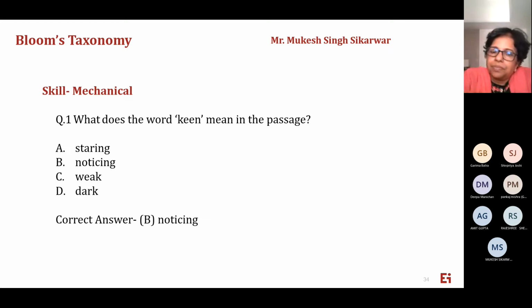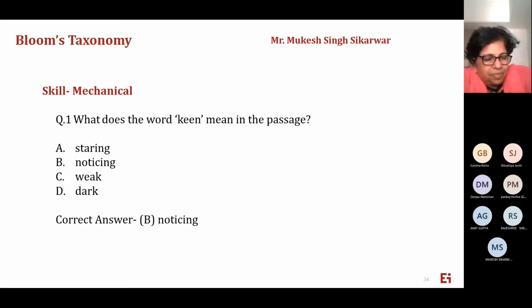Sir, may I add some view? Sure, most welcome. Actually, as Pankaj sir said, we should not ask vocabulary in isolation, and I absolutely agree with him. But the good thing is that Mukesh sir has asked the meaning in the context of the passage. Generally we tell students keen is a synonym of eager.